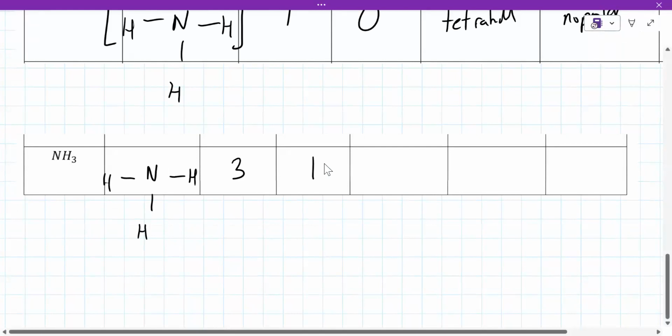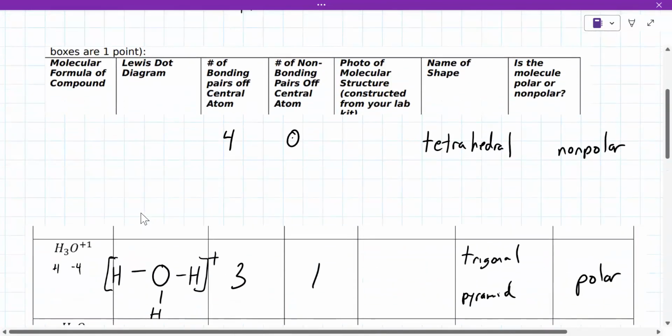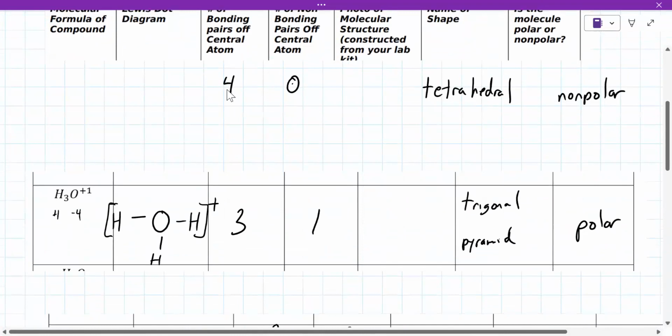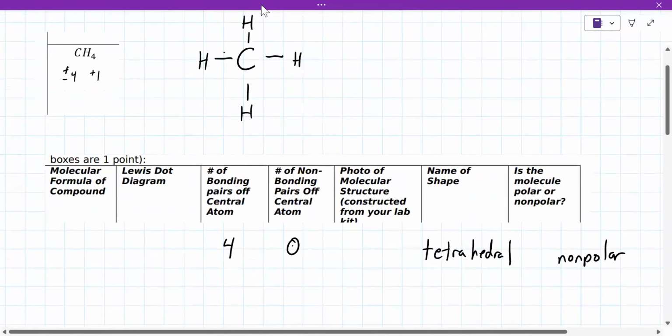So I think I'm confused on the non-bonding pairs. How do you know what a non-bonding pair would be? If you look at all the ones we've done, the number of bonded pairs and unbonded pairs adds up to 4. Oh, it always has to add up to 4?